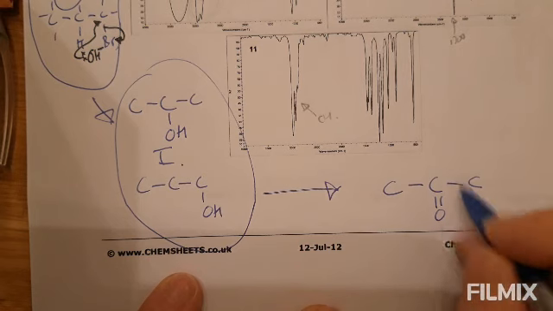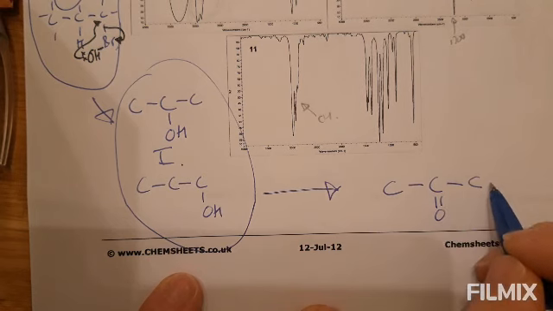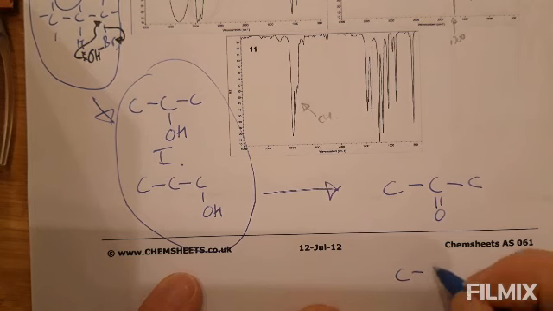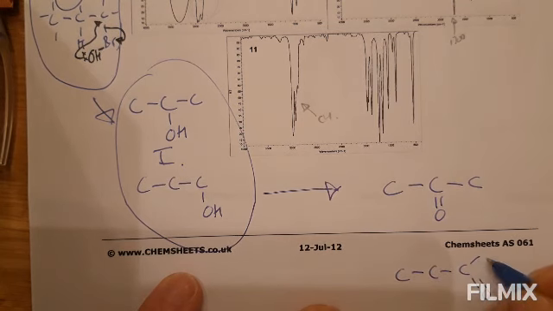You don't need to say propan-2-one, because if it was on the ends it would be propanal, or you get propanal.